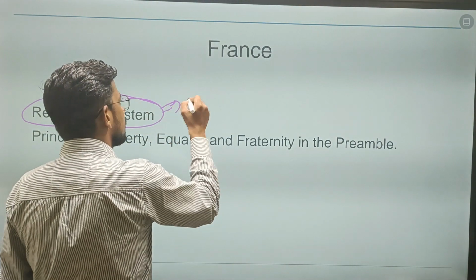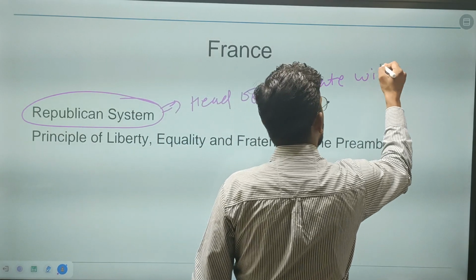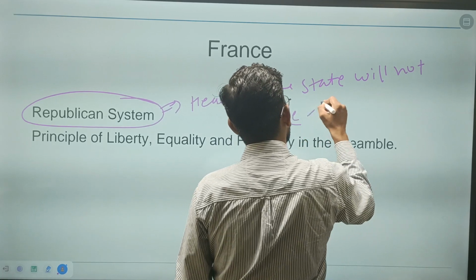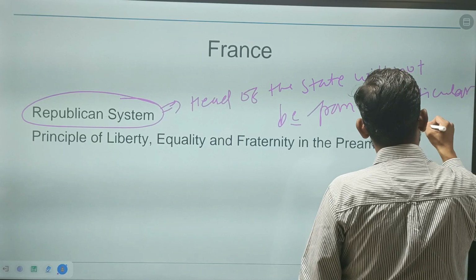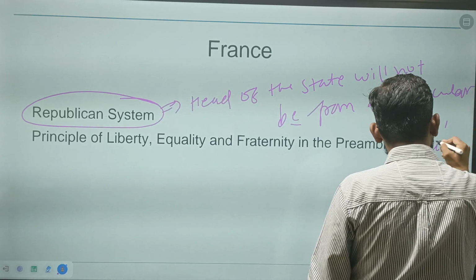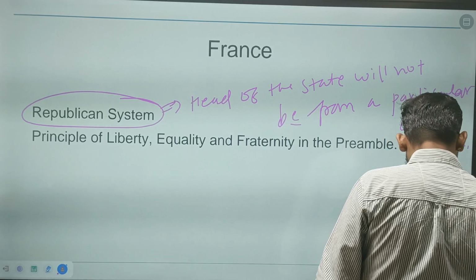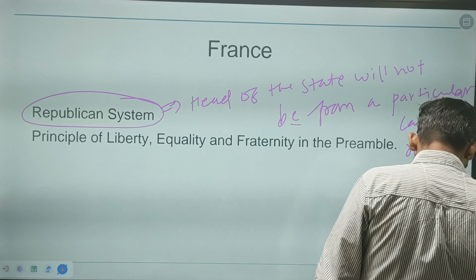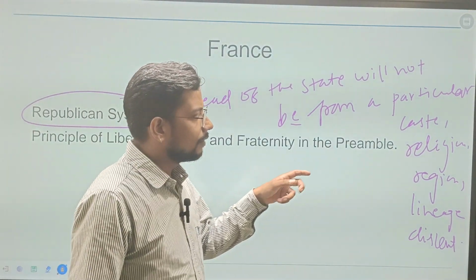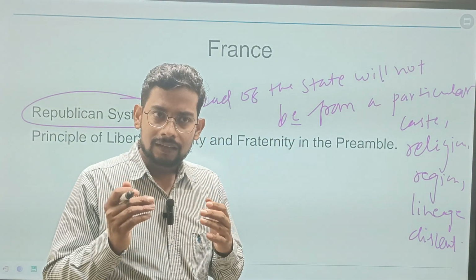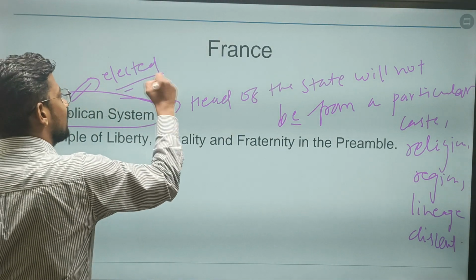Republican system simply means the head of the state will not be from a particular caste, family, religion, region, lineage or descent. And the head of the state will be elected, not selected.